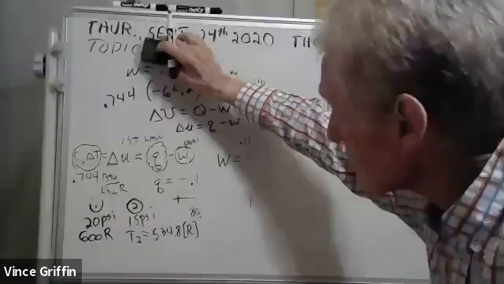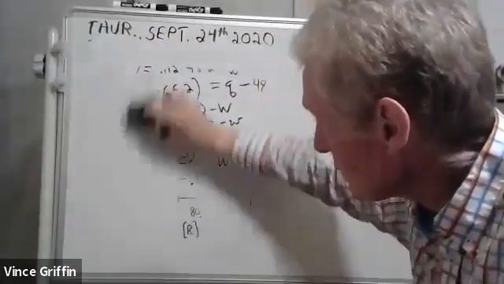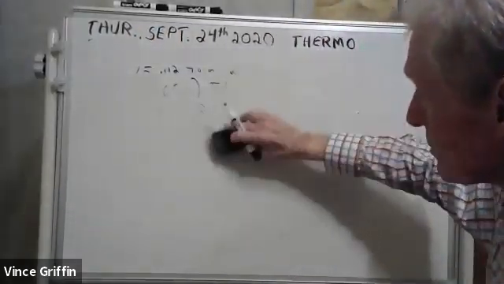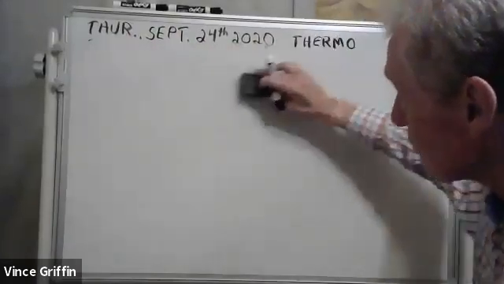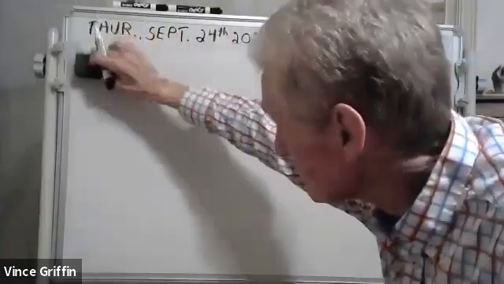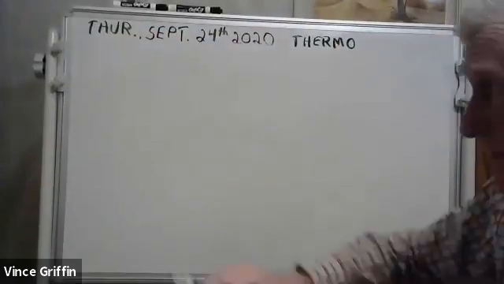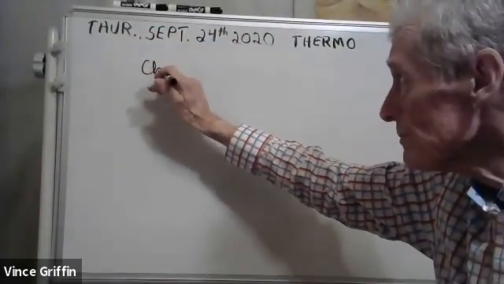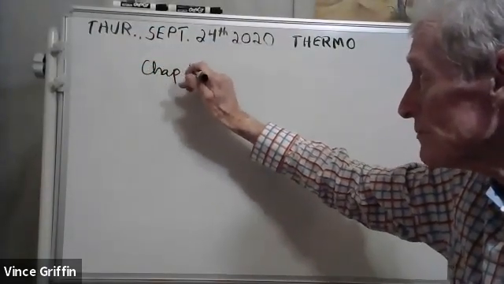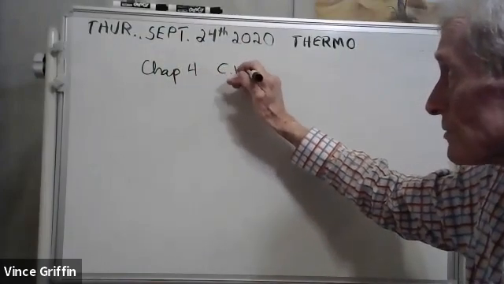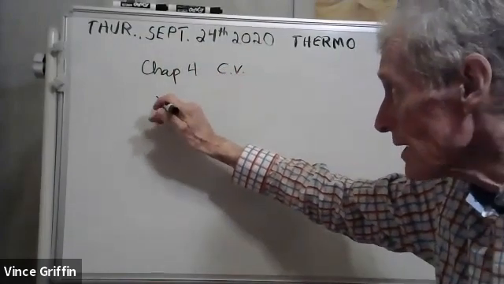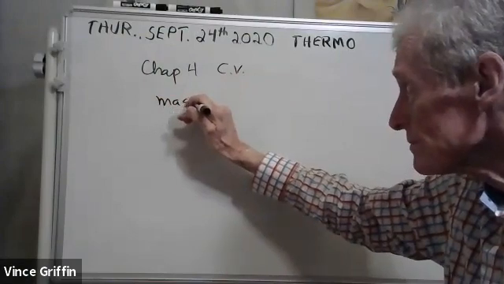It's kind of hard to work with the BTUs and the 144s and all that stuff. But chapter 4 is dealing with control volumes, and it starts off with mass flow rates.